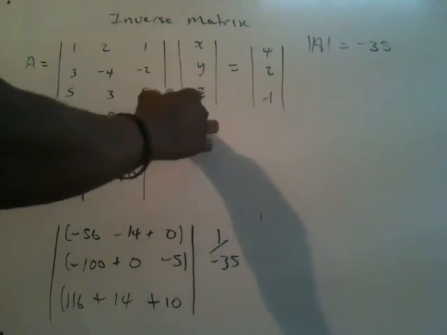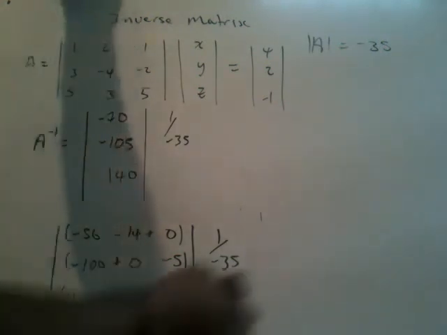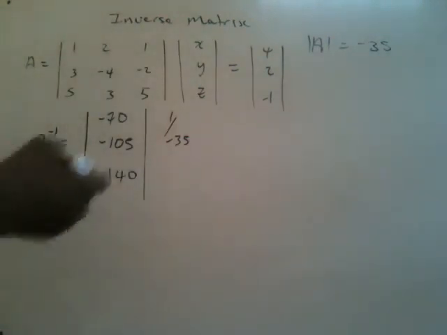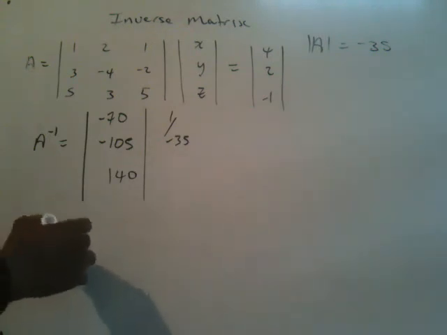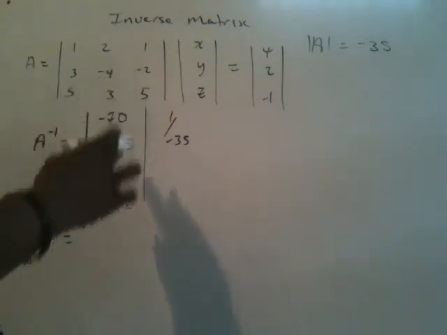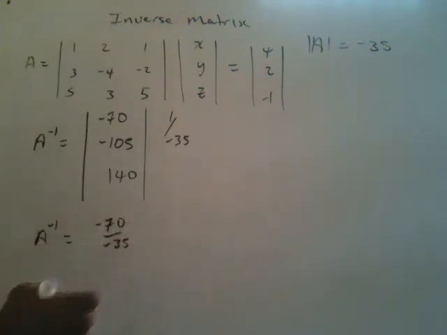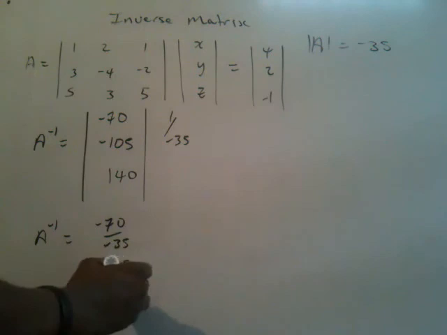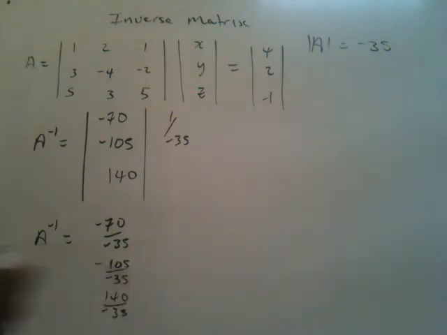And this should multiply by 1 over -35. So we divide each element by -35: -70 over -35, -105 over -35, and 140 over -35.